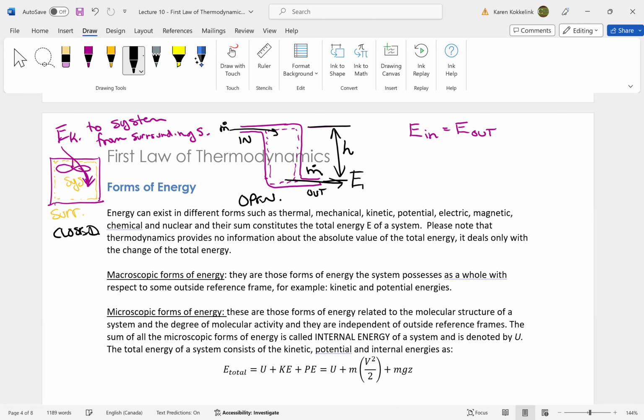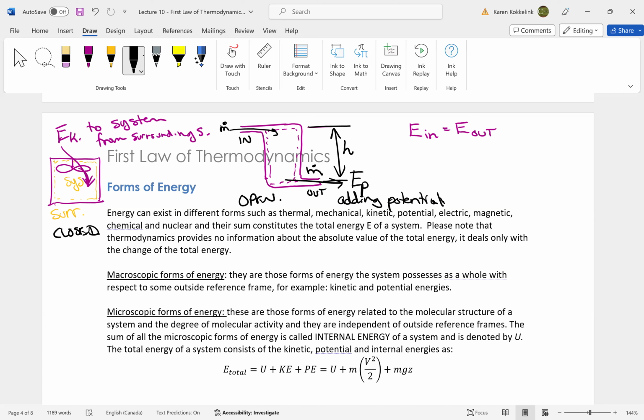Potential energy is a function of your mass times gravitational acceleration times your height. Just by offsetting the inlet to the outlet, we add some potential energy to this system.